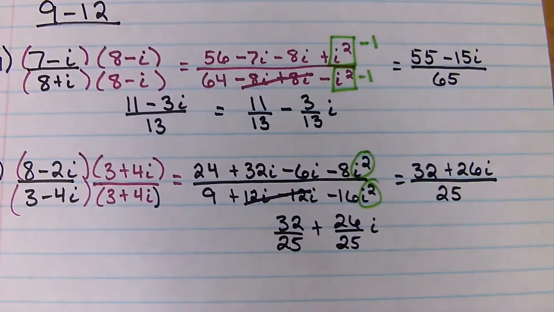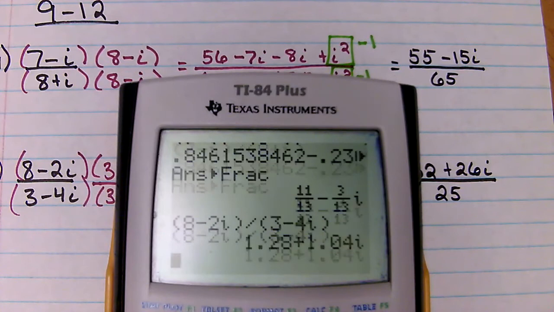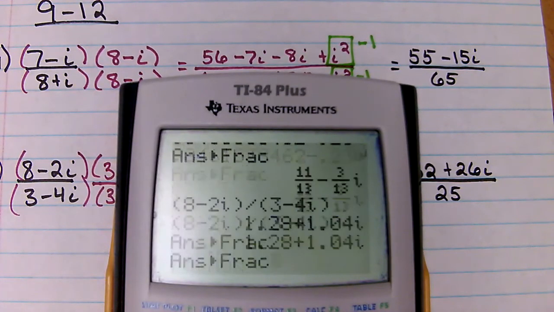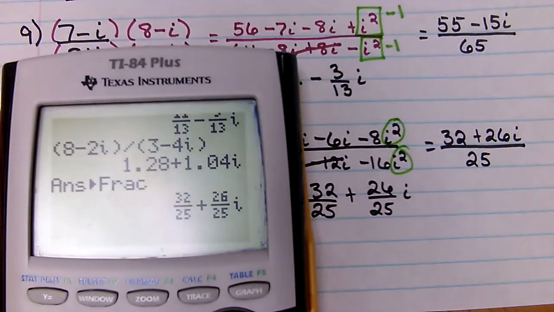Let's see if the calculator gives me the same thing. 8 minus 2i divided by 3 minus 4i. Gave me some decimals. I'm going to convert those back to fractions. Got the same thing.